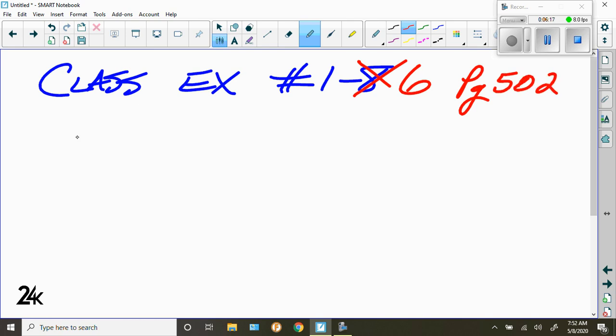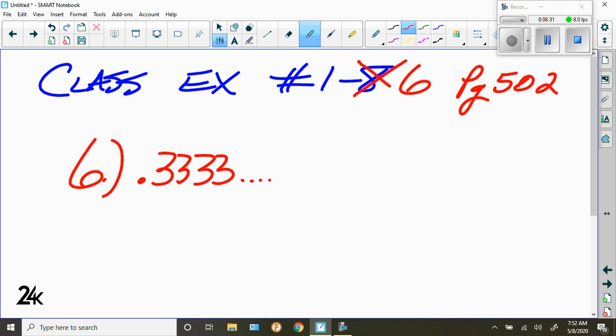All right, but I want to do question number 6. Number 6 says, what if this was the sum of an infinite set of numbers? The 3's just keep on repeating, and you're like, well, what's the first term? The first term would be 0.3.